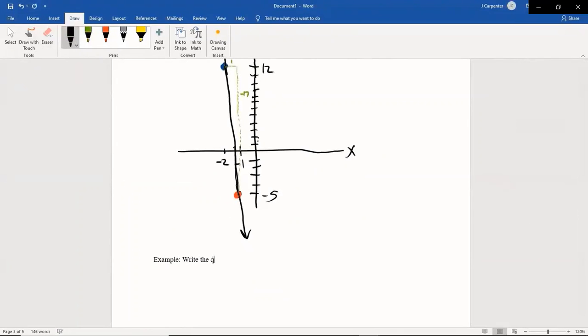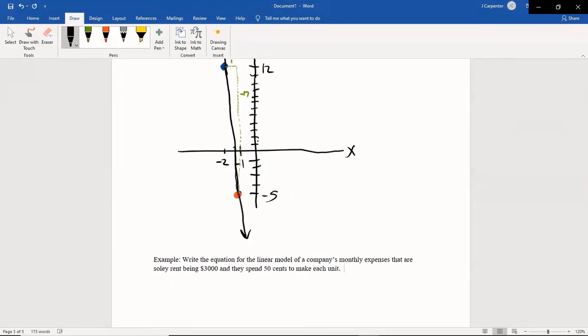All right, write the equation for the linear model of a company's monthly expenses, where the rent is $3,000 and they spend 50 cents each unit.